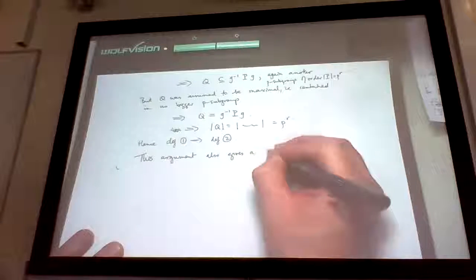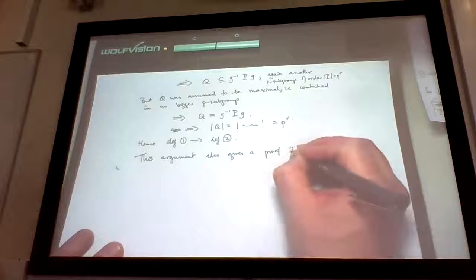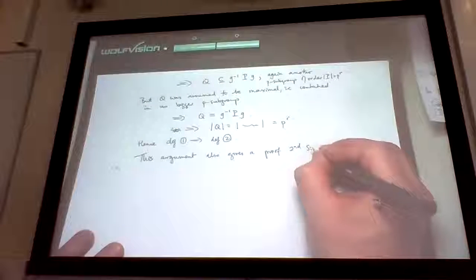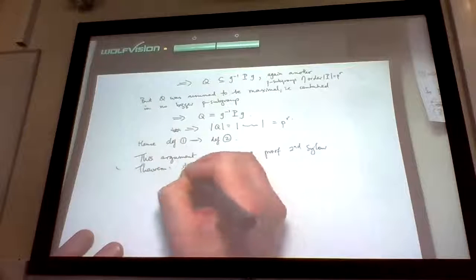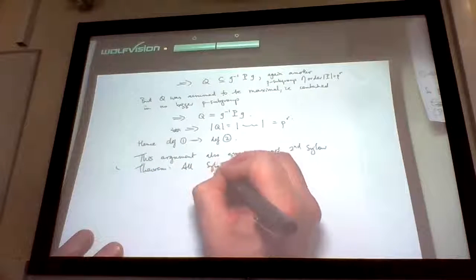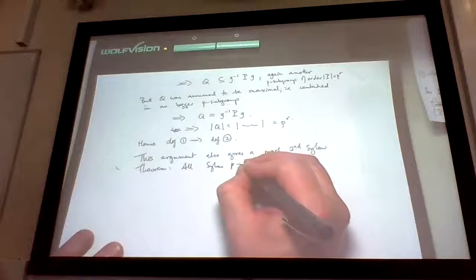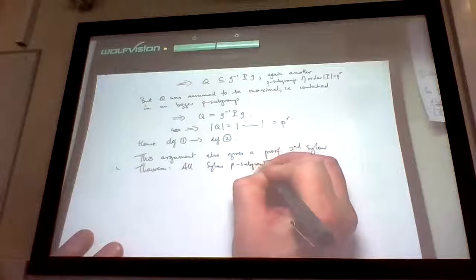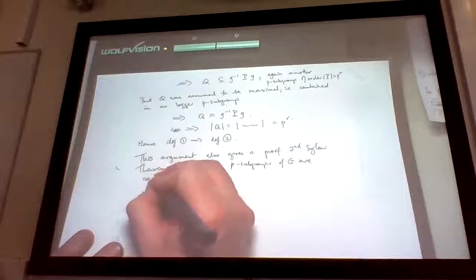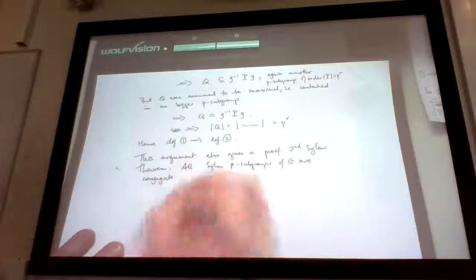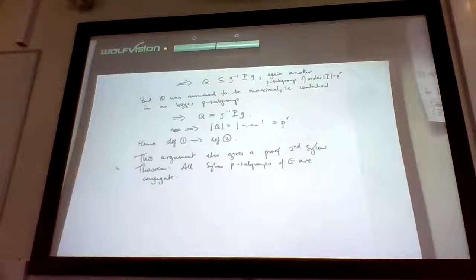This argument also gives a proof of the second Sylow theorem. All Sylow P subgroups are conjugate. A quick summary, second Sylow theorem: all the Sylow P subgroups are conjugate.